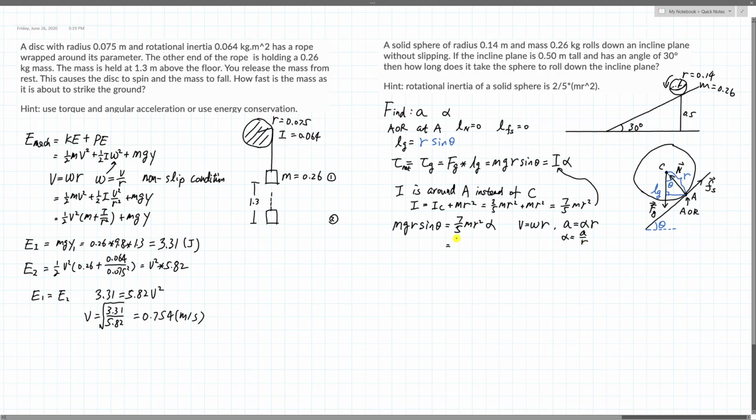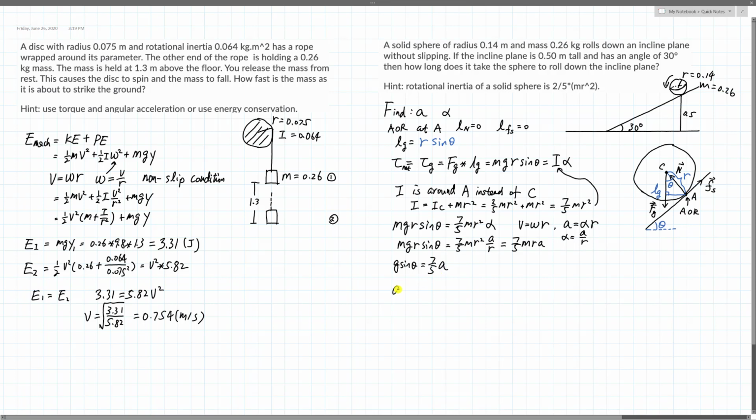The right side is 7 over 5 m r squared times a over r, or if you divide out that r, 7 over 5 mr times a, and the left side is mgr sine theta. We can divide out m and r, so m and r are gone, and we have g sine theta left.